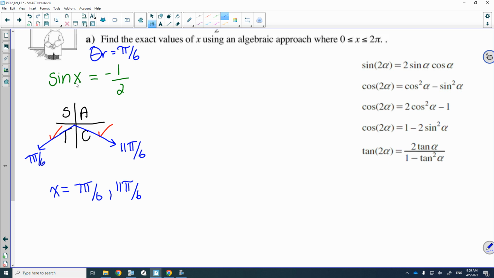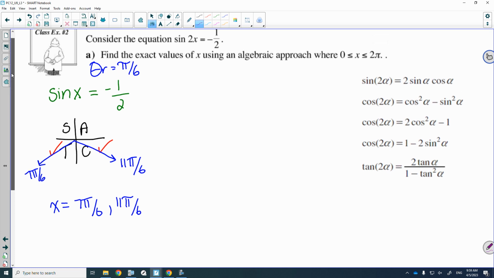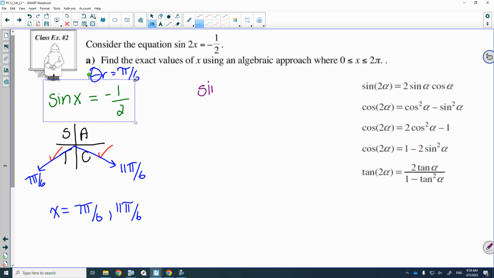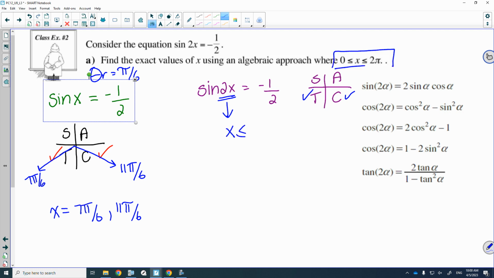Okay, the question is though, the sine of 2x is equal to negative 1/2. So it's the same thing. According to CAST, we're in the same two quadrants. Sine is negative here and here. Except what we have to do is if our argument is doubled, we have to double the domain to reflect that. So our domain is this guy.